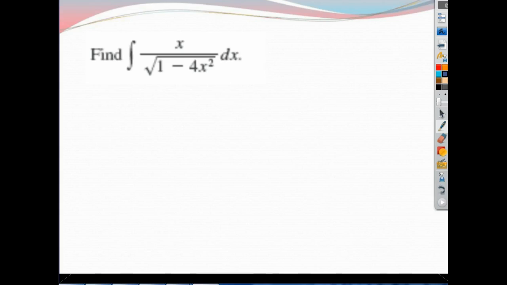So what's the inside function of the chain rule? That's what you want to make your u. You want to say to yourself, what's the inside part of my chain rule? What's the inner function? So in this case, the inner function is 1 minus 4x squared. What's the derivative of that?